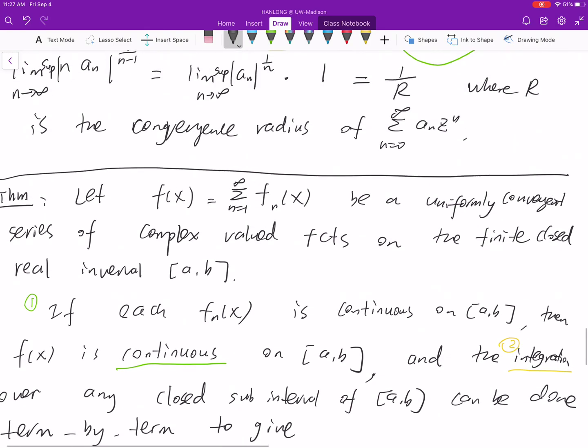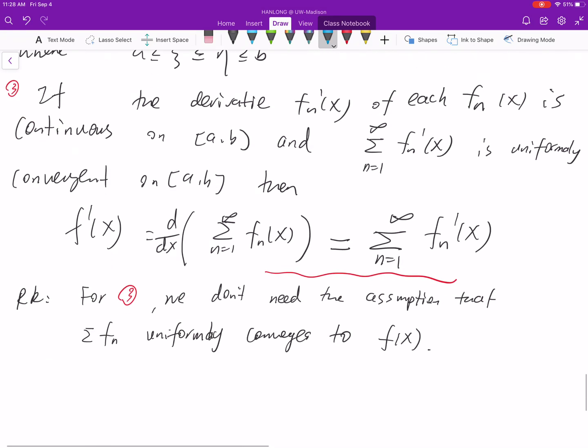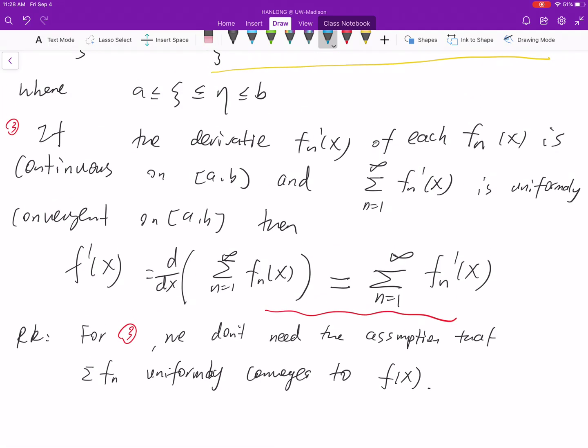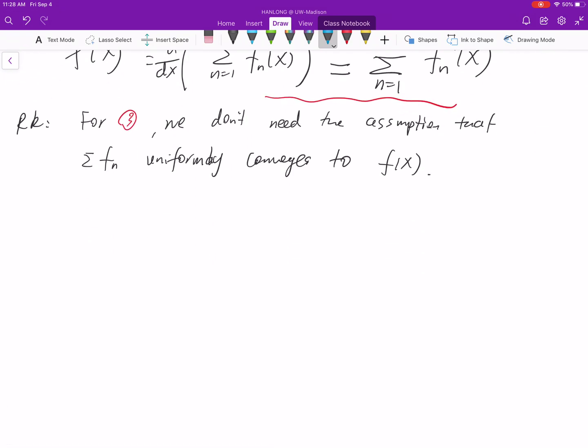So the key point is uniform convergence. And here we assume the derivative is uniformly convergent. Okay, now let's see the proof.